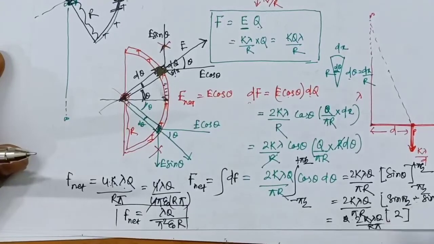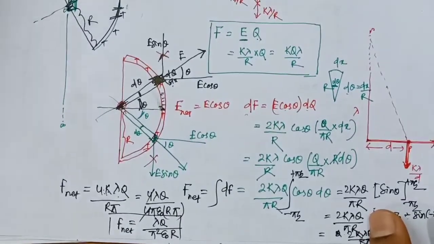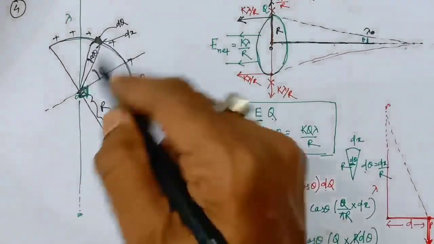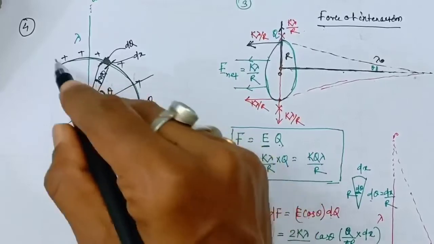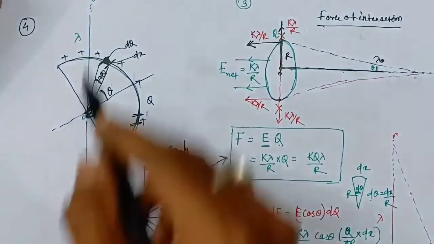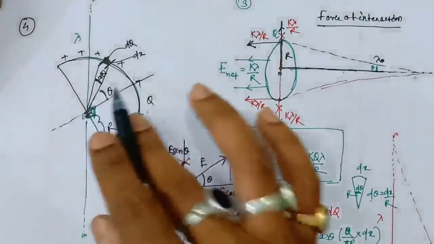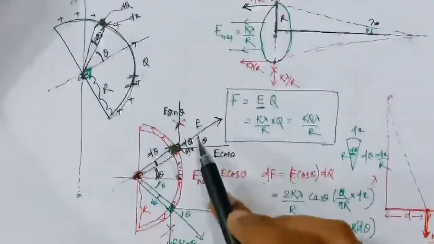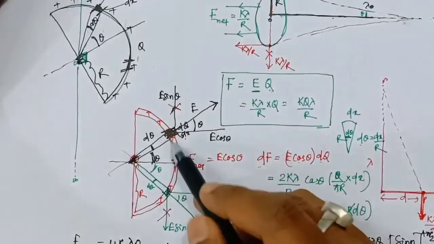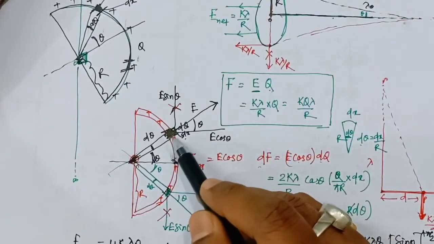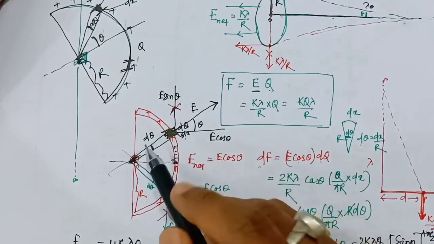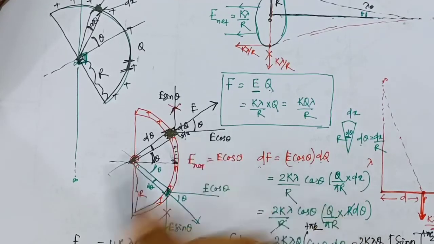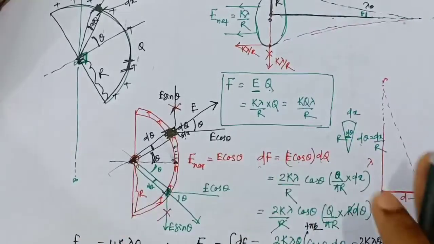I hope the scenario is clear to all. For my students, I just want to recall it one more time. I have considered one semicircular ring and an infinite rod, and I am finding the force of interaction. I considered a small element from θ to θ+dθ, having charge dq, and wrote the component of the electric field.